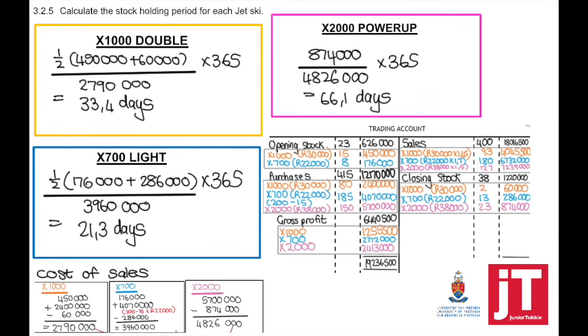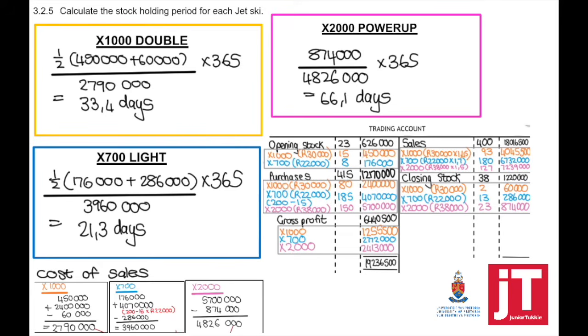So we're only going to take the closing stock divided by cost of sales times 365. That means 61.1 days, which is very high compared to the other two.